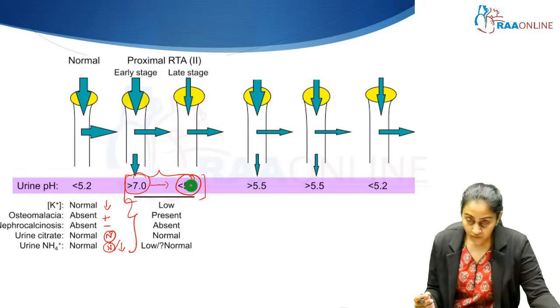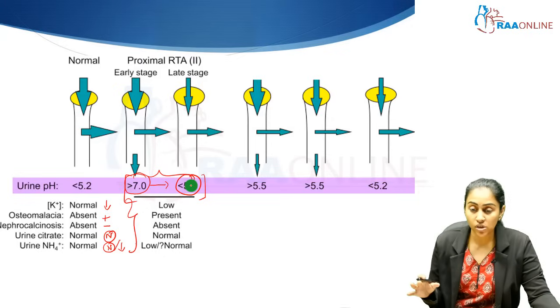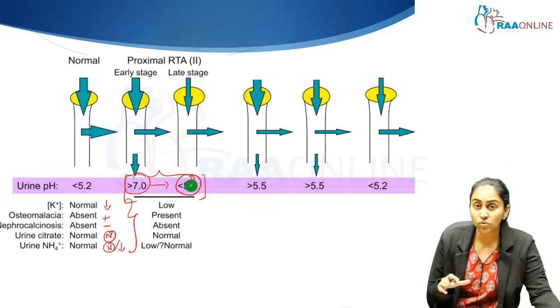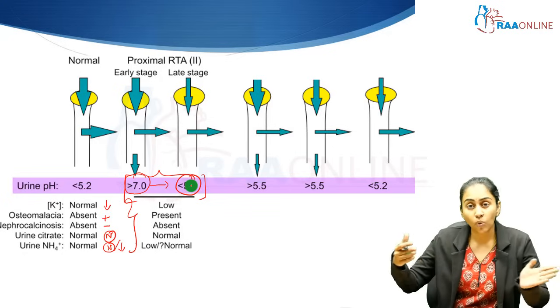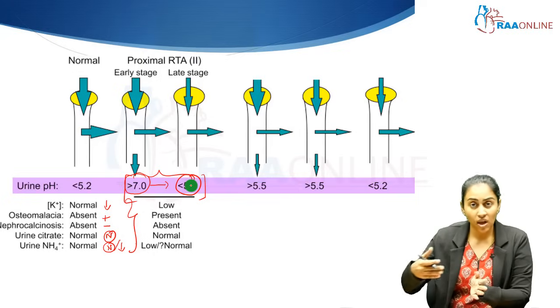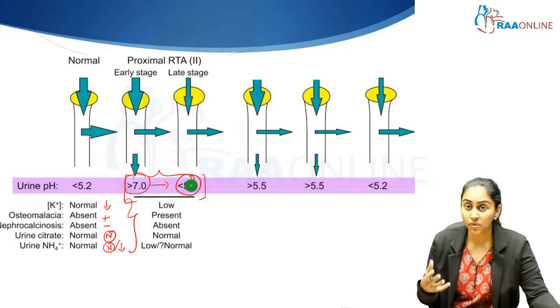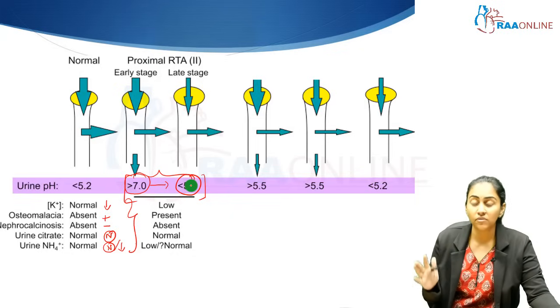Now when you have a urine pH which is not so variable, often alkaline, always above 5.5, that's not the case with proximal renal tubular acidosis. In proximal renal tubular acidosis, the urine pH is going to depend on the disease duration and how low the bicarbonate is. The lower the bicarbonate, the lower the urine pH tends to be. Now with distal renal tubular acidosis, you find that the urine pH is always above 5.5.